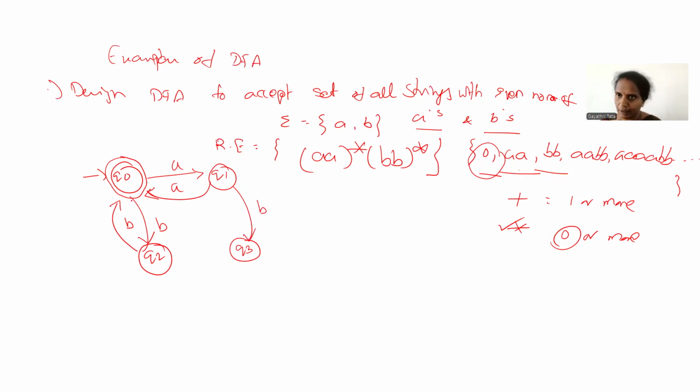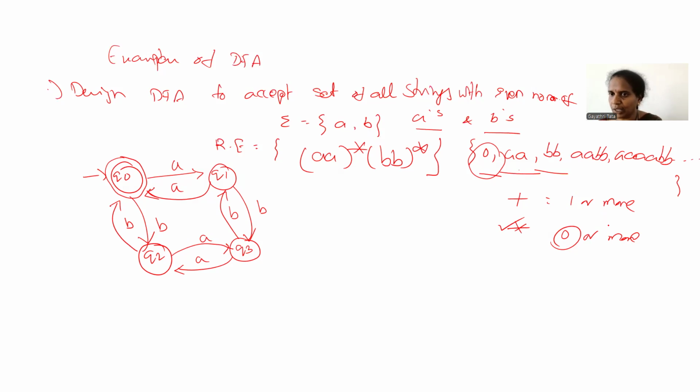Now it is reading B, but it does not read A, Q2. Q2 reads A and B, no problem. Q1 reads A and B. What about Q3? It is not reading either A or B, so here I'm taking B, and here I'm taking A.